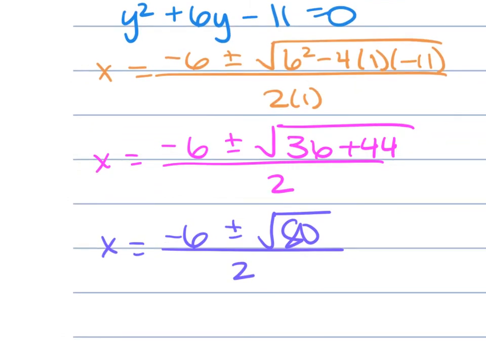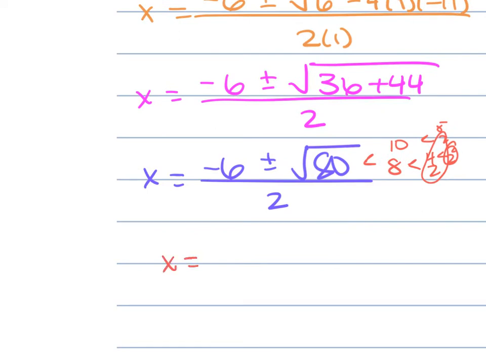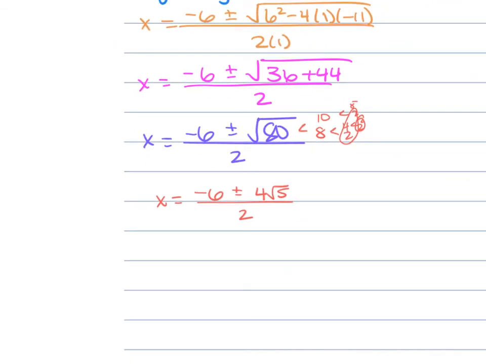That 80 is 8 and 10, 8 is 2 and 4, 4 is 2 and 2, 10 is 2 and 5. So it's 2 and 2, so 4 square root 5. So x is equal to negative 6 plus or minus 4 square root 5 all over 2. We simplify this even further. It becomes negative 3 plus or minus 2 square root 5.